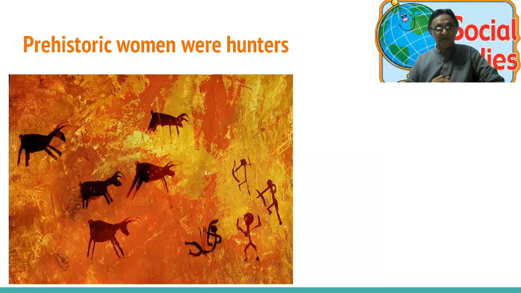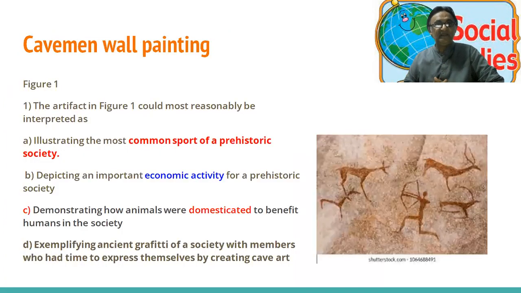So let's talk about the first question, which is about the caveman wall painting, which I have explained to you, about the women as a hunter. But let me clear two things about the prehistoric term and the historic term.